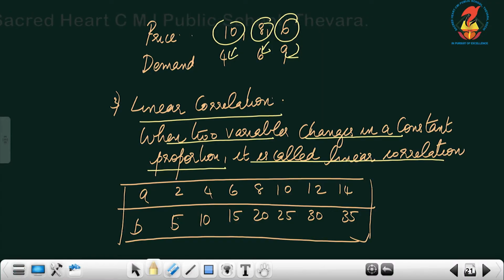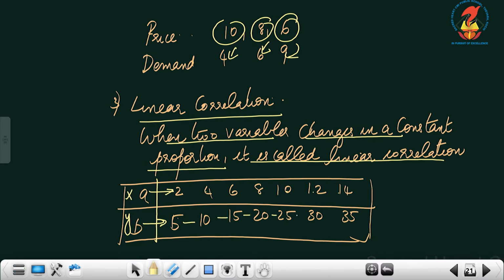The example which I have written will make you very clear. These are the two variables A and B, or you can name them X and Y, no problem at all. You can see X is moving as 2, 4, 6, 8, 10, 12, 14 with a gap of 2. Here Y is moving with a gap of 5, isn't it?